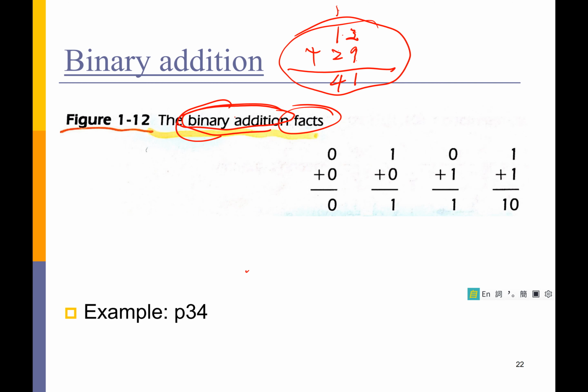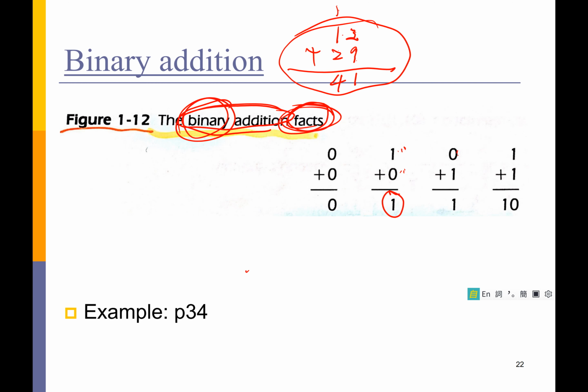But in the binary system, you can still do addition. Here are the basic binary additions. If you have a 0 plus a 0, you get 0. If you have a 1 plus 0, you get 1.